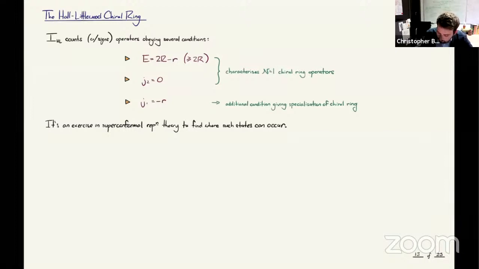And the third condition is an additional condition that gives you some subset of n equals 1 chiral ring operators. And you can now open your favorite reference on the full set of unitary irreducible representations of these superconformal algebras and go look for operators that obey these conditions.